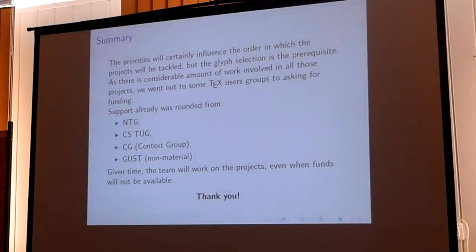We went out to user groups to ask for funding, and the support we already got is from NTG, the Czech user group, the ConTeXt group, and two. GUST. Sorry? Two. Not yet. Not formally, not yet. I'm talking about the new projects.